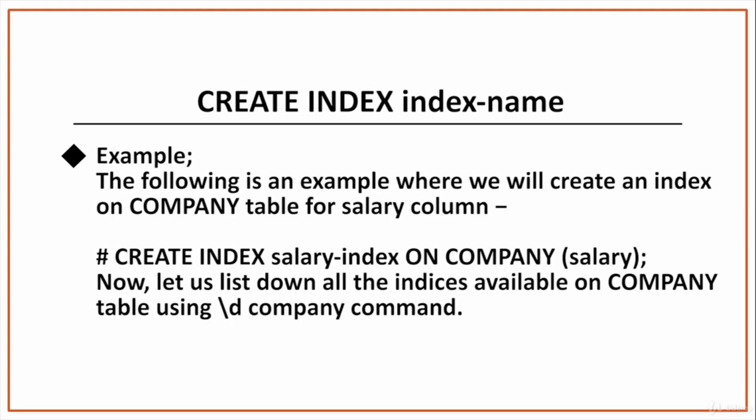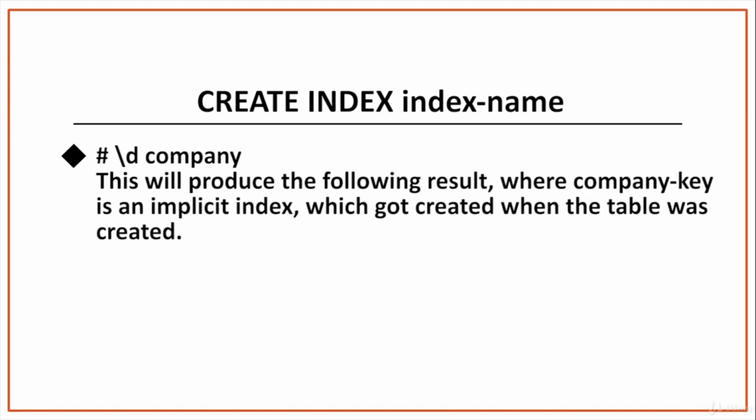Now let us list all the indices available on the company table using the \d company command. This will produce the following result, where company_pkey is an implicit index, which got created when the table was created.